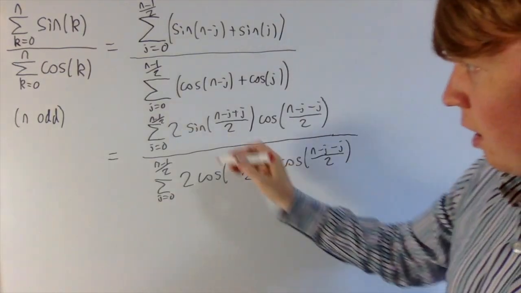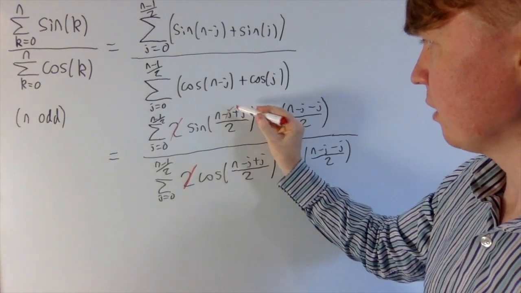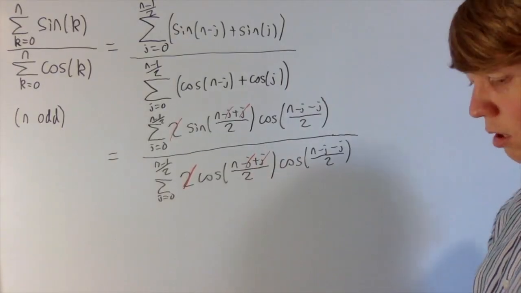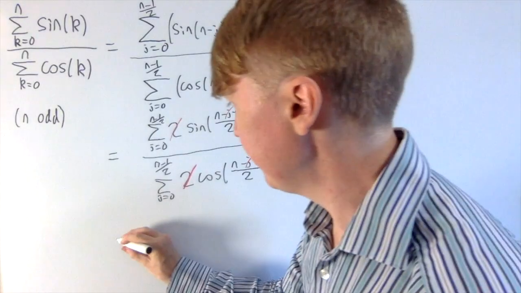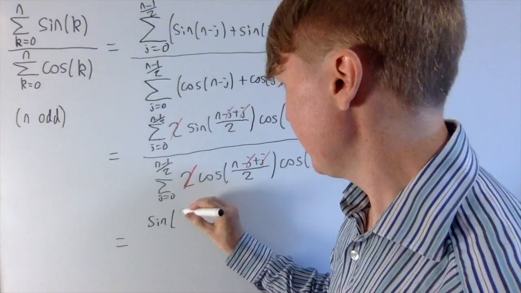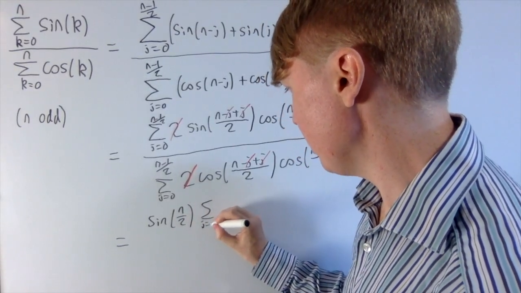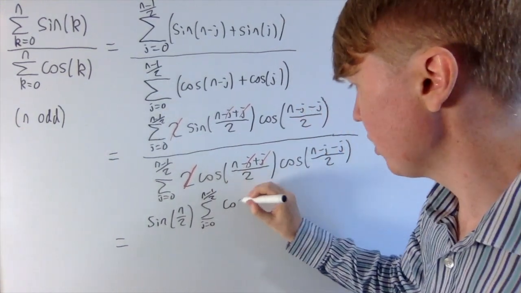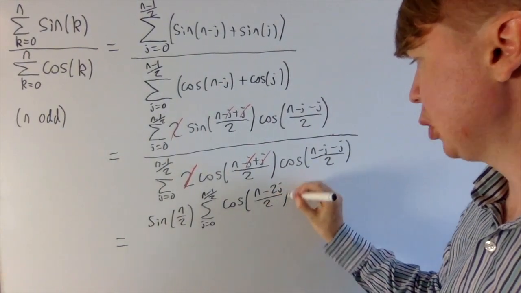And here this is nice, you can see in this fraction your 2's will cancel first of all, then also you've got n minus j plus j, and these give you your sine n over 2 and cos n over 2. And these don't depend on j, so we'll take those out of the sum now. So what I can do is rewrite this as sine n over 2 times the sum from j equals 0 to n minus 1 over 2 of just cos of (n minus 2j) over 2.